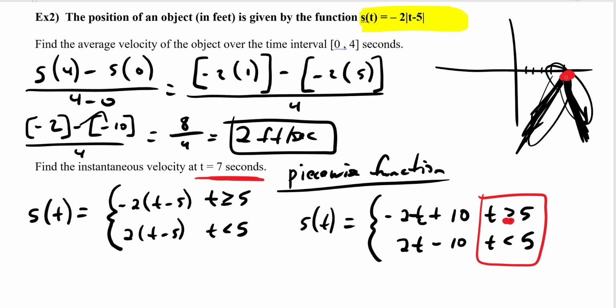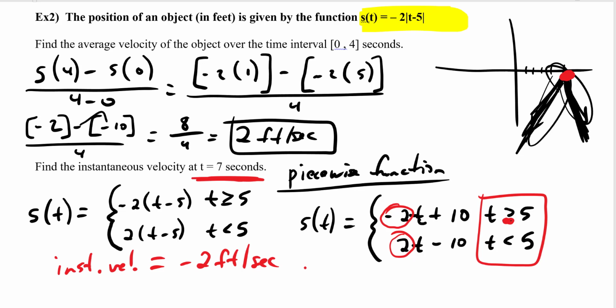So at greater than 5, your slope is negative 2. And when it's less than 5, your slope is just 2. So I look at t equals 7 seconds, and it's certainly greater than 5. So my instantaneous velocity is equal to negative 2 feet per second. That's it. That's what you do.